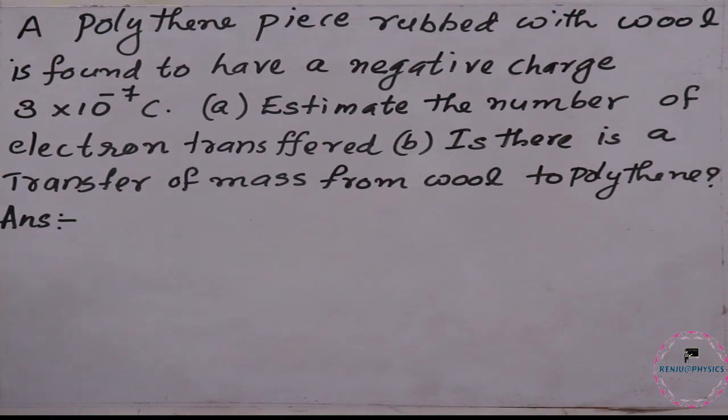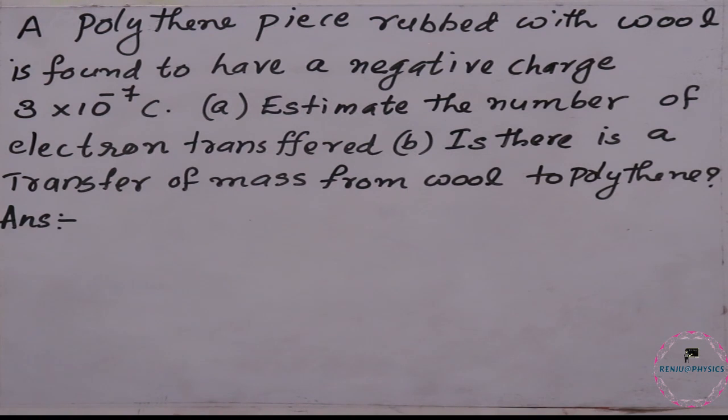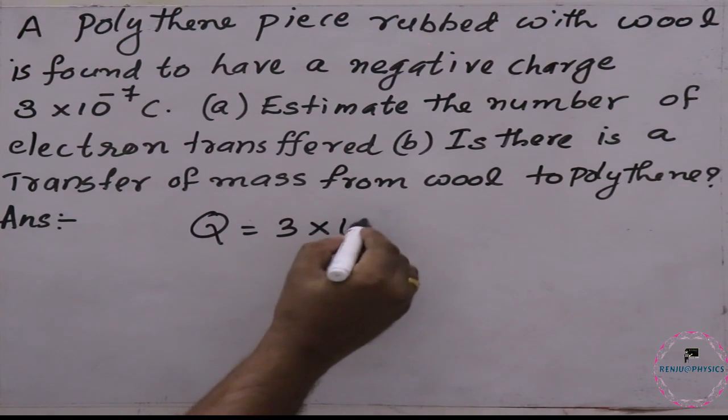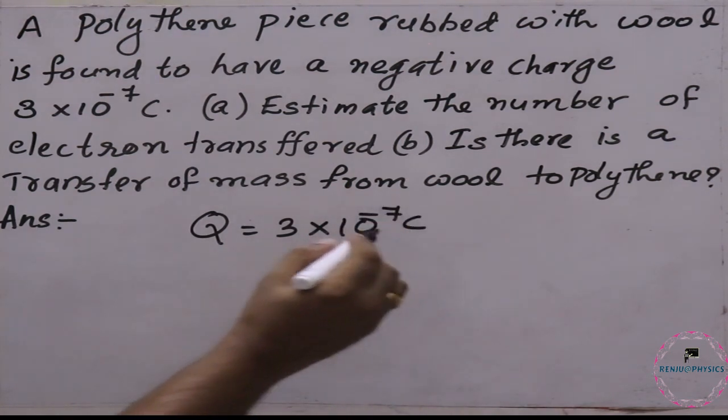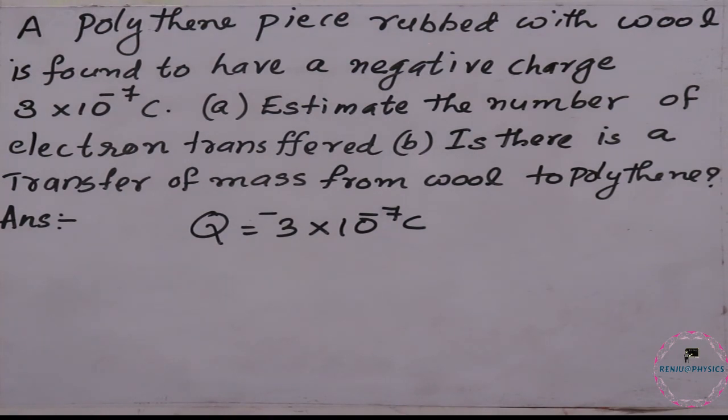Here polythene and wool are rubbed, so electrons are transferred from polythene to wool. So the wool gets a charge. Total charge of the wool is Q equal to 3 into 10 raised to minus 7 coulombs. It is getting a negative charge, so it will be minus 3 into 10 raised to minus 7 coulomb.